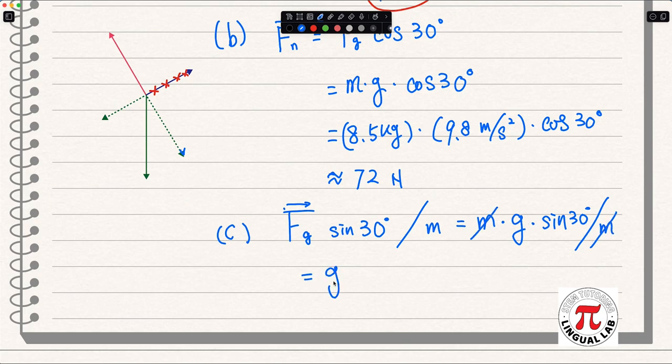Basically it's g, the free fall acceleration, times sine 30 degree. This will be 9.8 meters per second square multiplied by 1/2. Therefore, the answer should be 4.9 meters per second square.